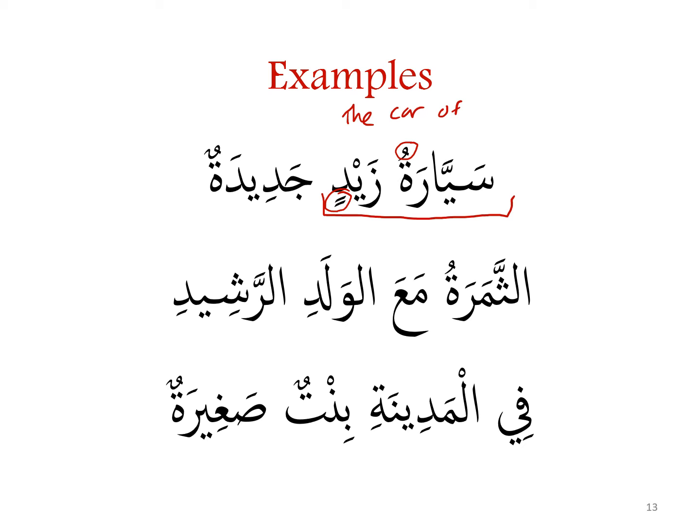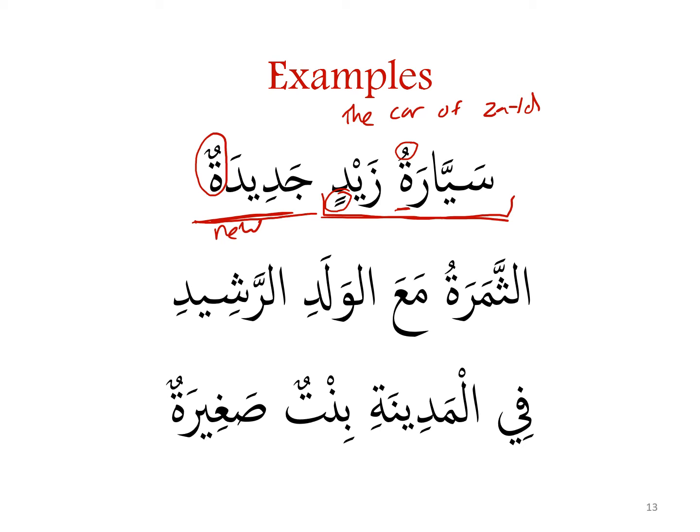The car or caravan or vehicle. And because Sayyara is feminine due to the ta marbuta, the sifa used to describe it, or the khabar that's going to describe this object, needs to also be in the feminine form, Jadidatun, meaning new. And this is the khabar. Here's your mubtada. The car of Zayd is new.